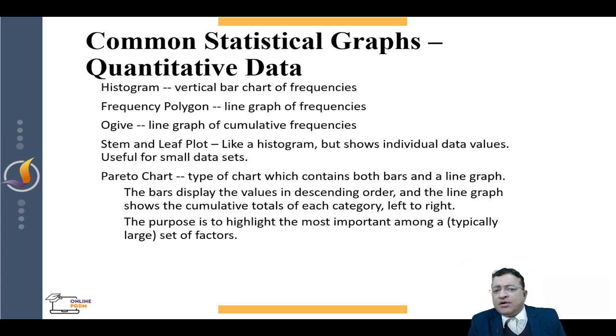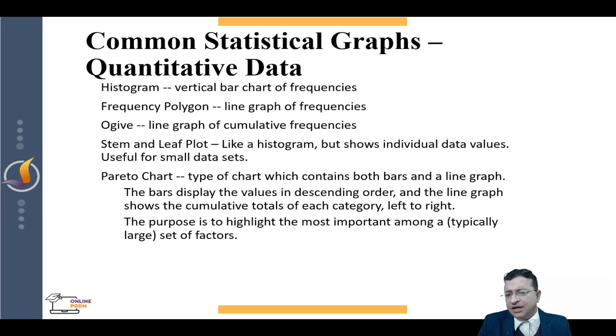Now when we talk about statistical graphs, particularly for quantitative data, we have certain types of graphs. Most of the time you will be using these graphs for quantitative data. For example, the histogram: it looks like a vertical bar chart of the frequencies.